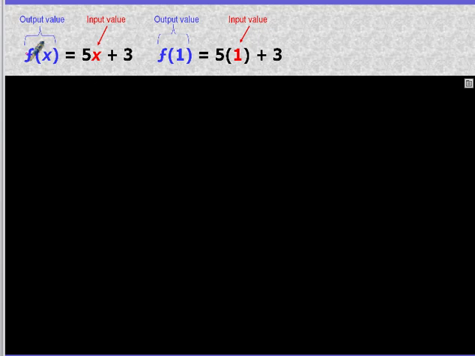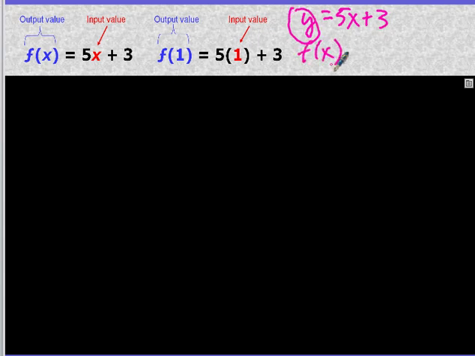We see this fancy looking f, which stands for a function, and this is pronounced f of x equals, and then your equation. So we're used to seeing, we would write this function y equals 5x plus 3. We're just simply replacing y with f of x.